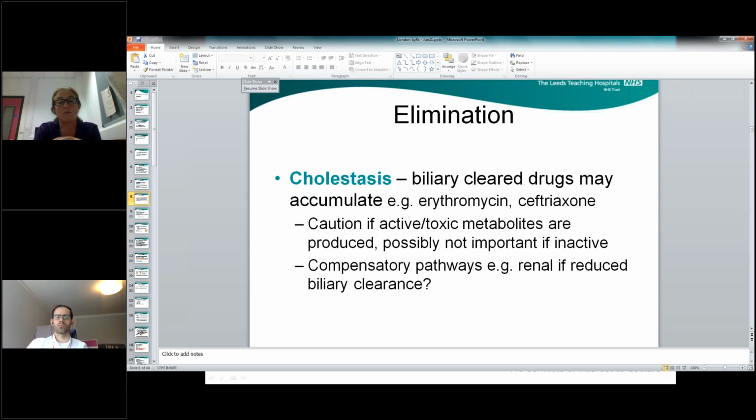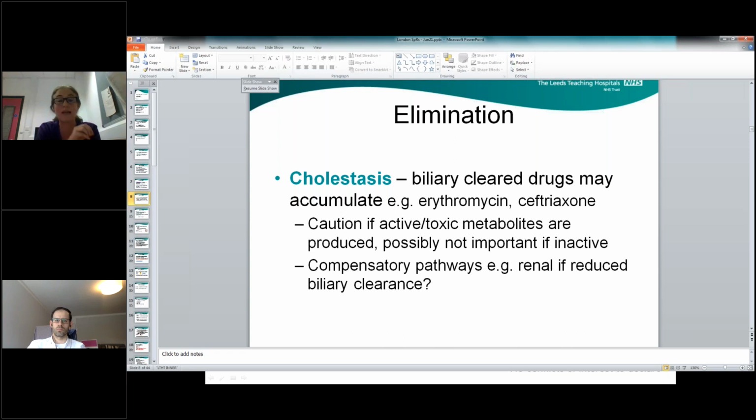There's two things that are important. One is that you may have metabolized the drug already to something that's inactive. So it doesn't matter if you can't clear it, because it's an inactive metabolite anyway. So we're not worried. And there's also an element of a compensatory pathway, where most drugs have got part biliary clearance and part renal.